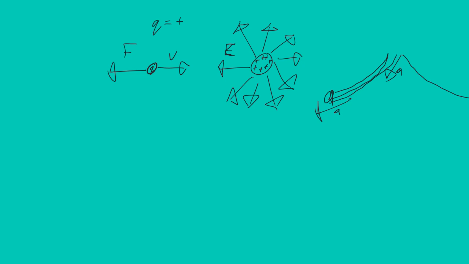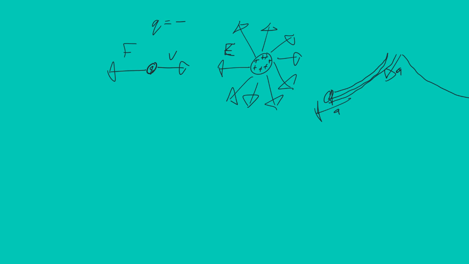All right. And then lastly, we have part C. So what's going to happen if we flip this charge? What if this becomes negative? What if we flip our charge? Well, then we're going to flip everything, just like we've done in the past.